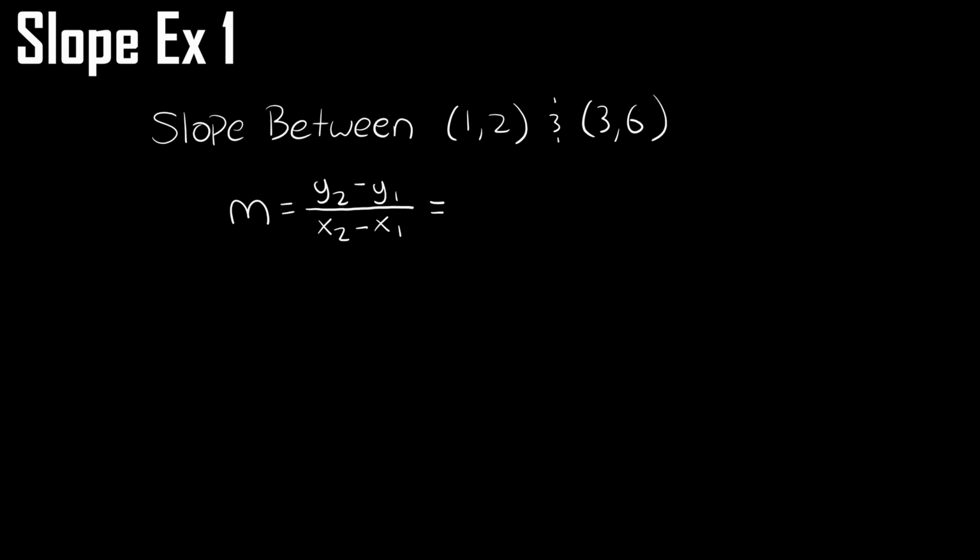So we're going to get y2, which is 6, minus y1, which is 2, over x2, which is 3, minus x1, which is 1. This will come down to 4 over 2, or 2. Now we can interpret this as for every 1 unit increase in x, y increases by 2.